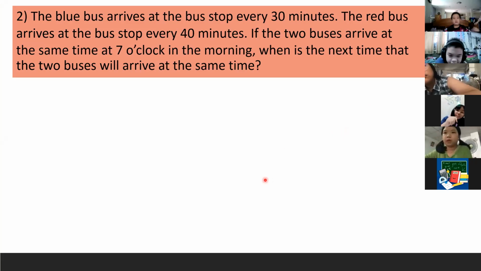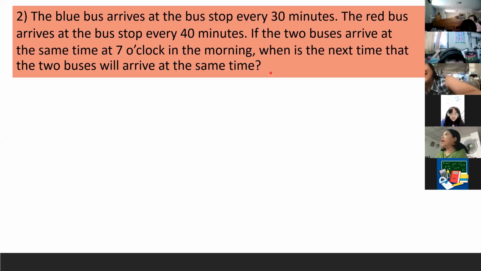Okay, we will continue. 9 o'clock. In the morning. Yes. Or 120 minutes or 2 hours. Okay. The two buses will arrive at the same time again at 9 o'clock. You find the LCM.